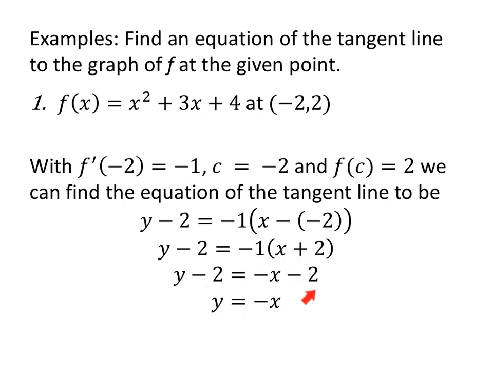Add 2 to both sides: y minus 2 plus 2 gives y, and on the other side -x minus 2 plus 2 gives y equals -x. I gotta tell you, that was a lot of work to get y equals -x for the equation of the tangent line to the graph of f at that particular point.